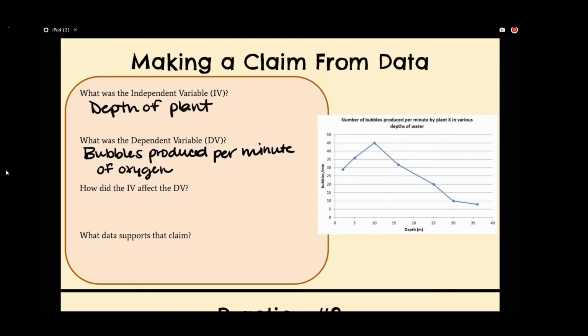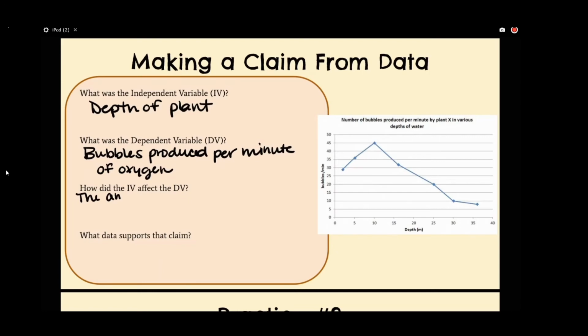So as depth increased, it looks like we don't actually have a straight relationship here. What we have is it increases and then it decreases. So we can say it increases until this point, which is about 10 meters, and then it decreases.